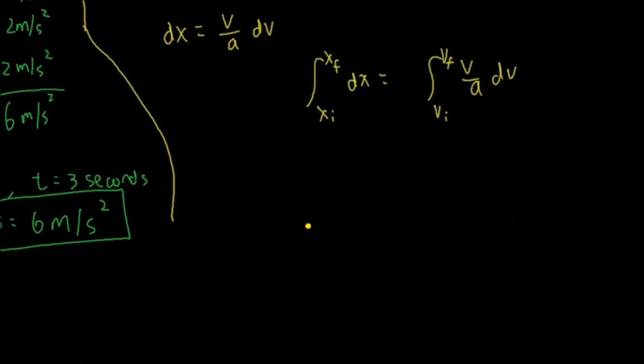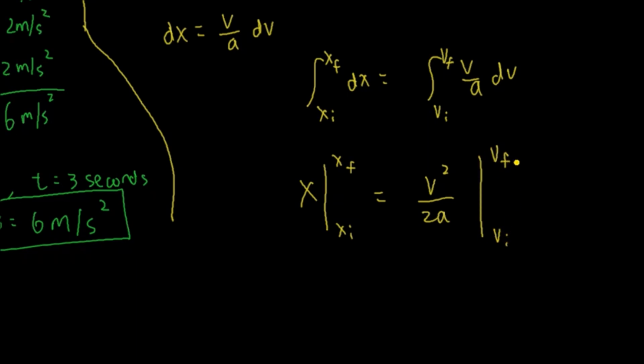Okay, let's evaluate this integral here. So the integral of dx is just x, evaluated from initial position to final position. And on this side, v is the variable we're trying to integrate, so we have to add 1 to the power and divide by the new power, which gives v squared over 2a, evaluated at v initial and v final.